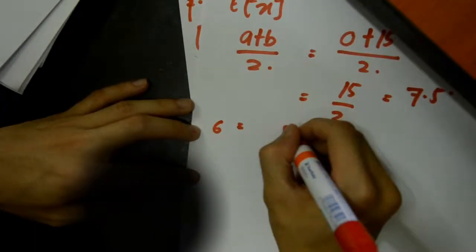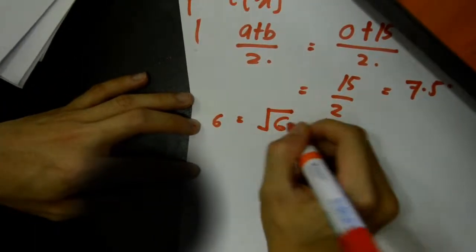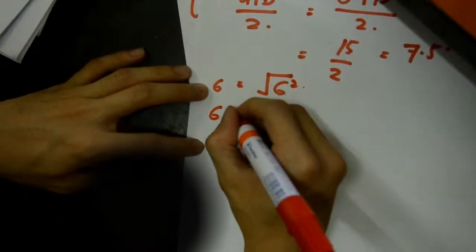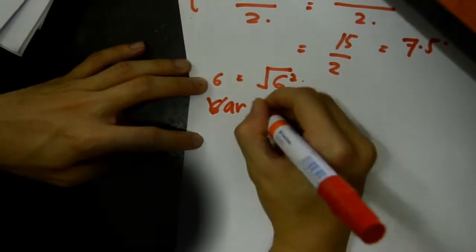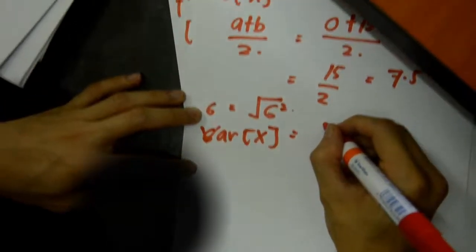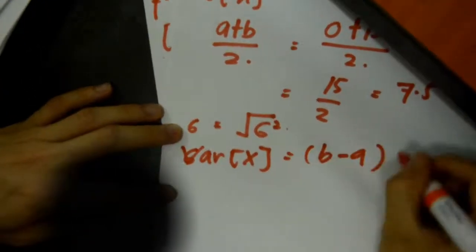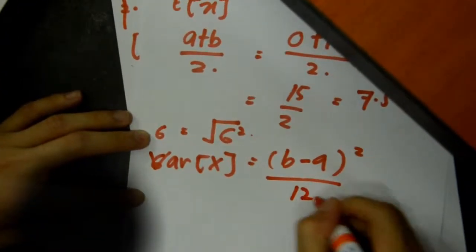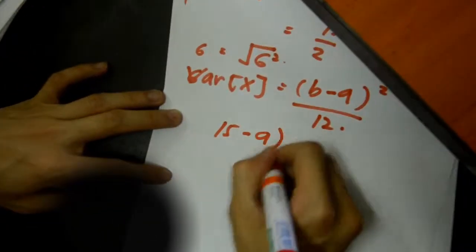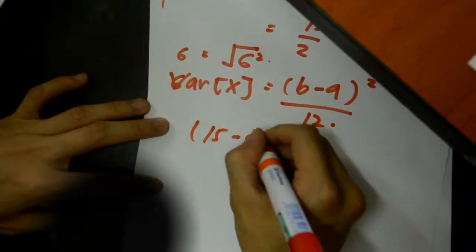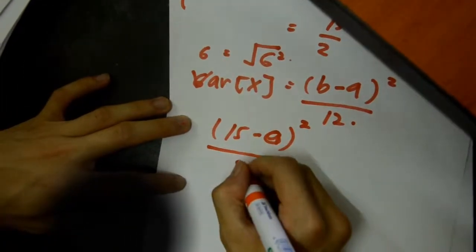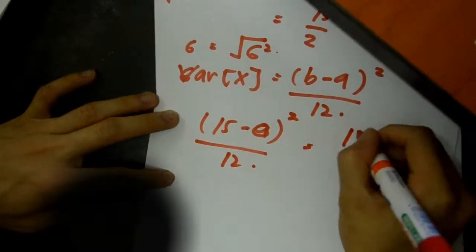For the standard deviation, you know that it is the square root of the variance. So you have to find the variance of x, and the formula is b minus a, squared, over 12. You have the upper limit 15 minus a, which is 0, squared and divided by 12.